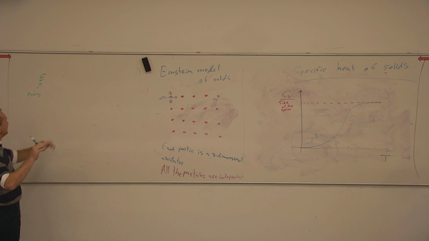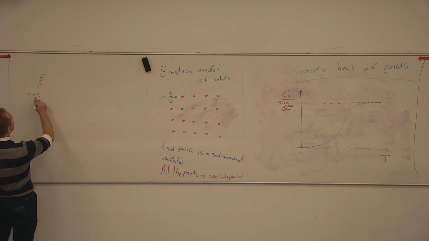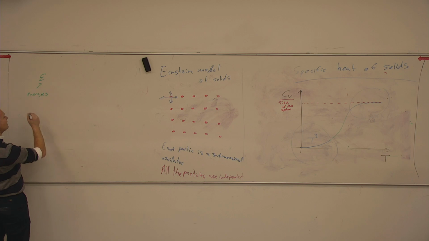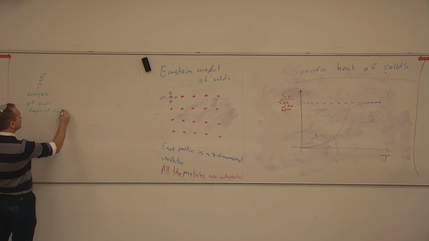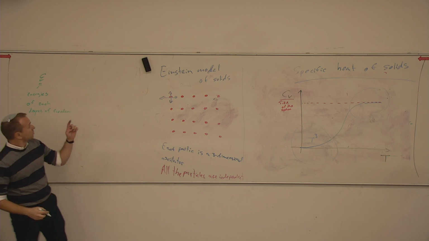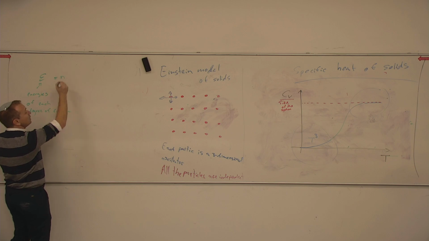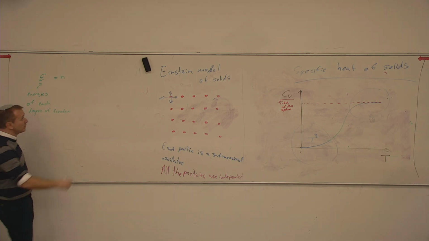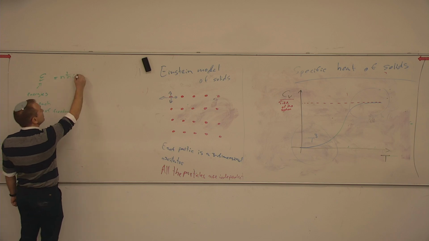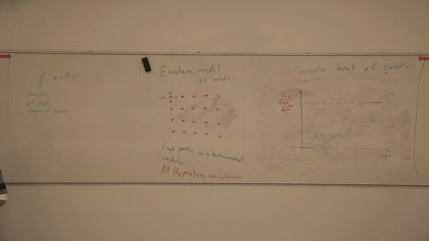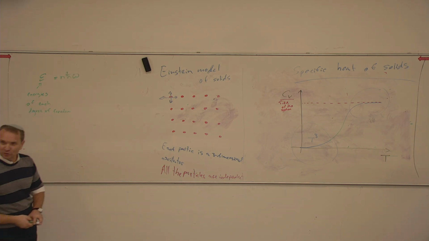So, okay, the energies of each degree of freedom equal some number n multiplied by h bar multiplied by the frequency. It worked for the photoelectric effect, right?